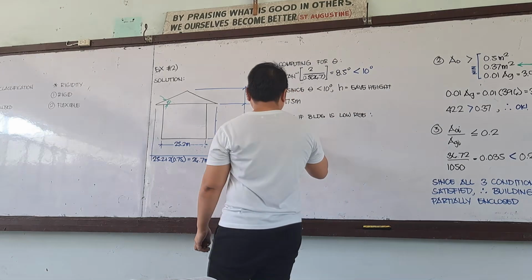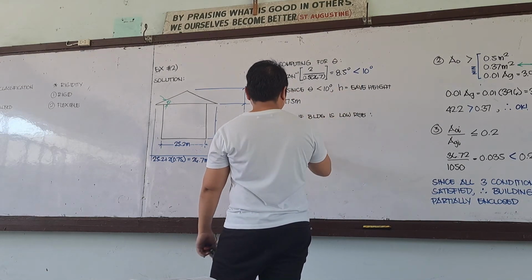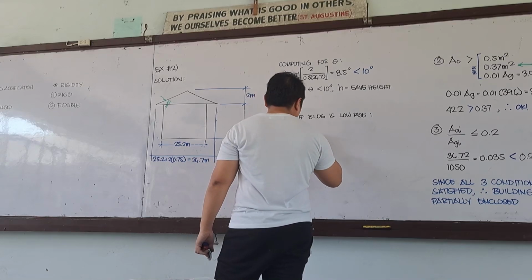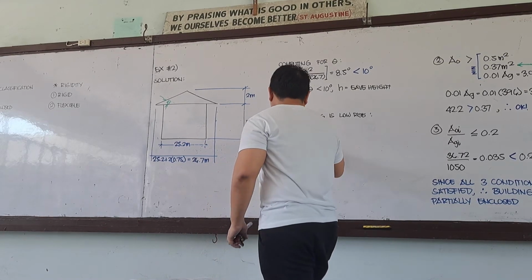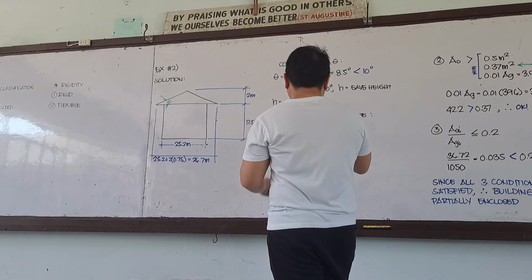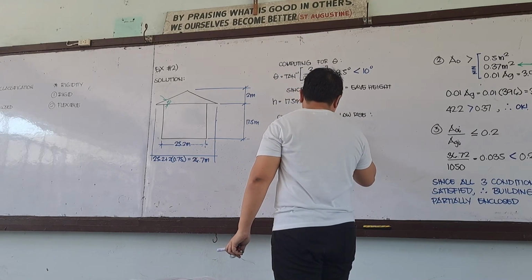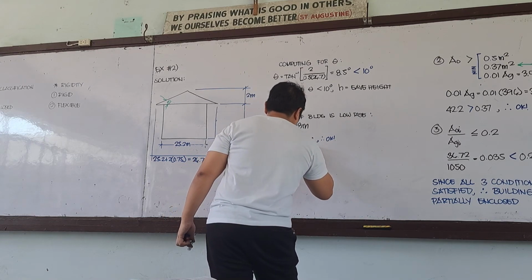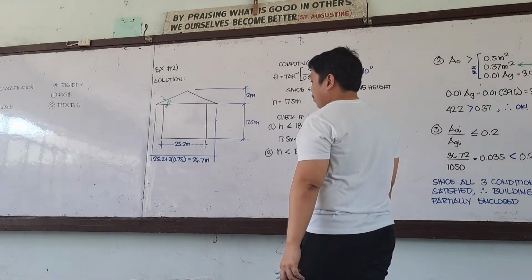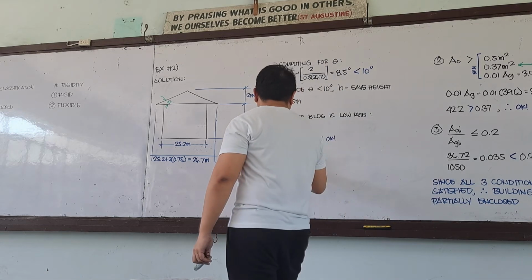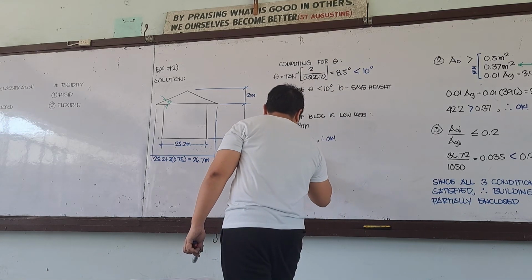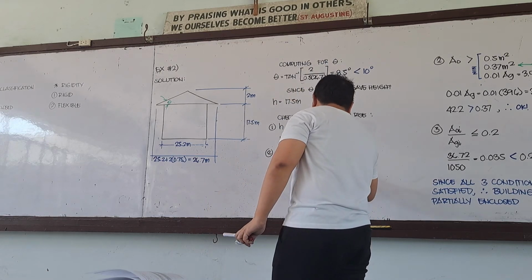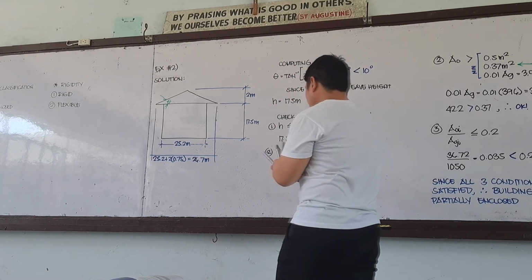So H is 17.5, which is less than 18 meters. Therefore, the first condition is met. Second condition, H is less than B, where B is 25.2. So 17.5 is less than 25.2, therefore this is also met.